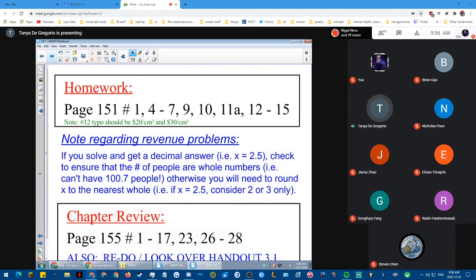Note regarding revenue problems: if you solve and get a decimal answer, for example x equals 2.5, check to ensure that the number of people are whole numbers. You can't have 100.7 people. If you need 100.7 people, that means you actually need 101, so you round to the nearest whole number.